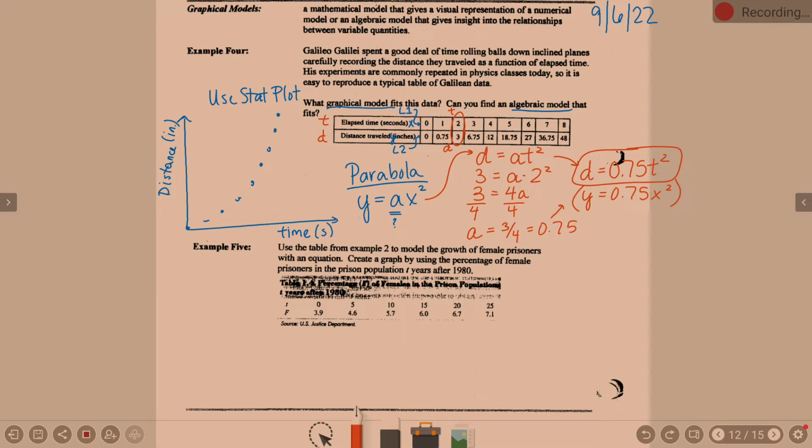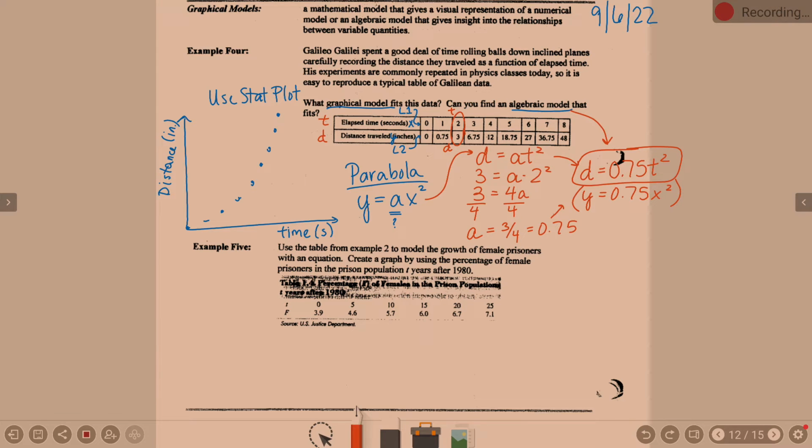That'd be equivalent. Unless they tell you what variables you have to use, it doesn't matter. Okay? So, graphical model, this is a parabola. Algebraic model, well, there's the algebraic model for that parabola. So there's the algebraic equation.